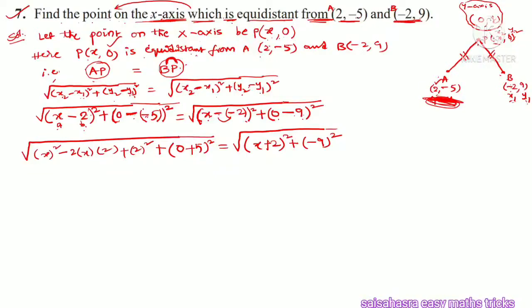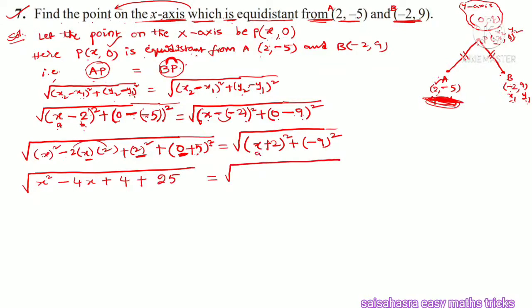Square root below x square, x square minus 2 into 2 is 4, this x, plus 2 square means 2 into 2, that is 4, plus 0 is not having value, so we can forget about 0. 5 square means 5 into 5, that is 25, is equal to, here again you can apply the (a plus b) whole square formula.